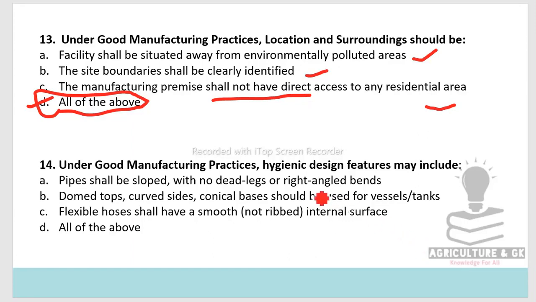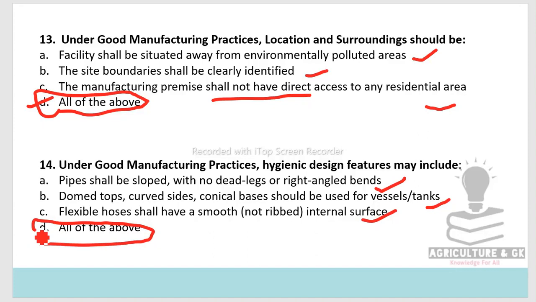So we will see our options here. Pipes shall be sloped with no dead legs or right angle bends. This is true. Dome tops, curved sides, option B is also right, and so is option C. So our answer will be all of the above, option D.